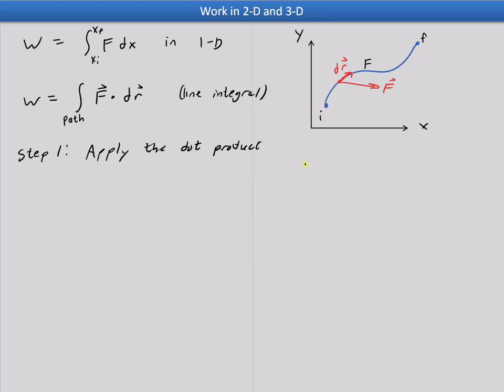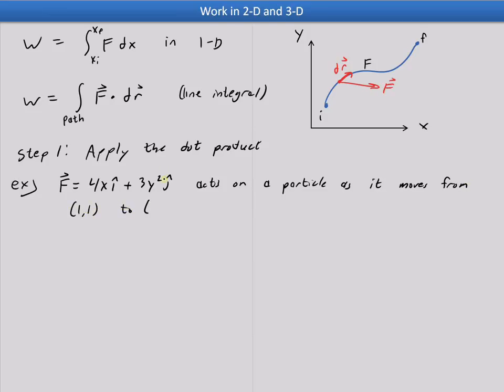After that, it could just be a normal integral. So for example, let's look at where that would be the case. Let's say we have our force equal to 4x i hat plus 3y squared j hat, and that's acting on some particle as it moves from point (1, 1) to point (3, 4) along some path, which I actually don't even need to specify in this case.